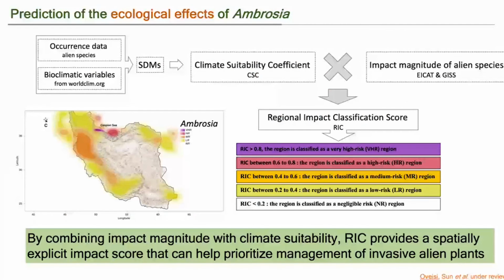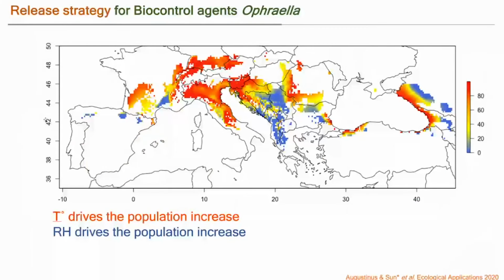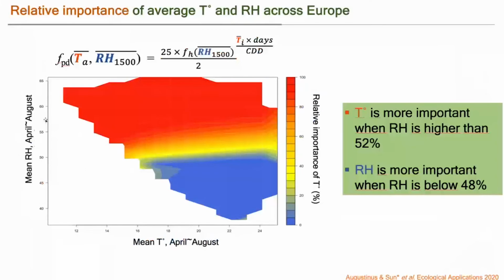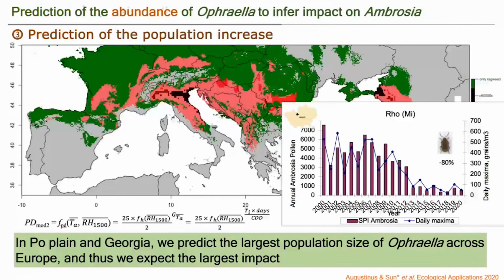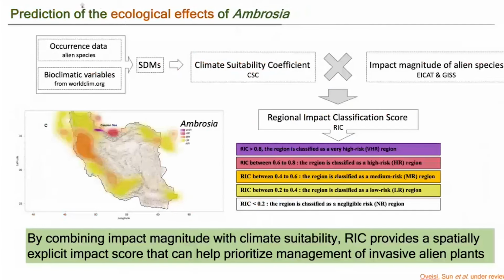Now, besides the population and abundance prediction, we also try to estimate the ecological impact, counting both climatic suitability and impact magnitude for a given geographic area, to help us set the priority of where we should do the first treatment.